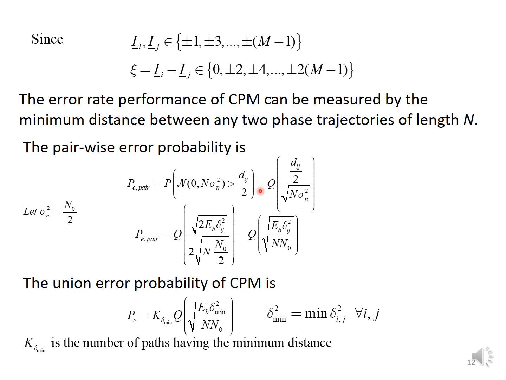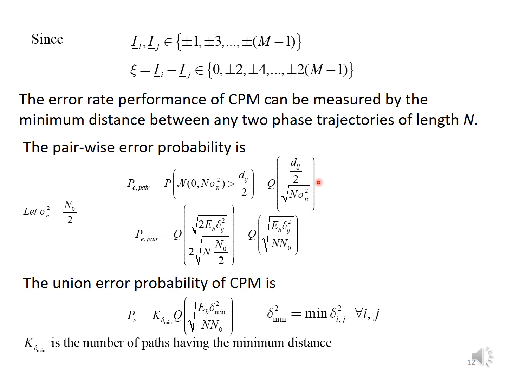It's all the same concept here, so don't be confused. It just looks a little bit complicated, but it's not really difficult. So this pairwise error would be equal to Q of half of the D minimum over the standard deviation of the noise of the path, right?